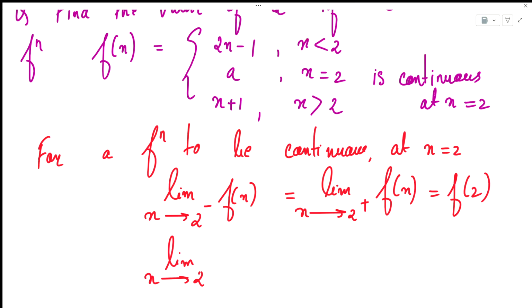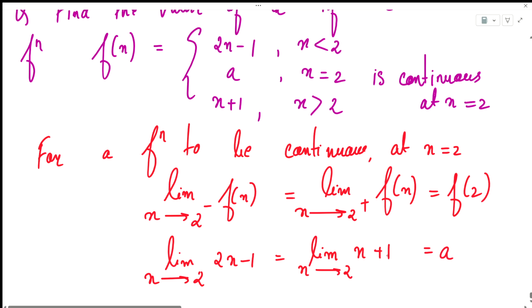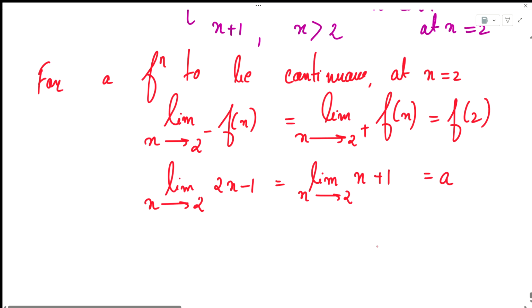So which function is less than 2? It is 2x minus 1, right? Which function is greater than 2? It will be x plus 1, right? And over here, what is f of 2? f of 2 is simply a. So if we equalize both this with this and this one with that one, you can equalize either one of them actually, but you will get the same answer.